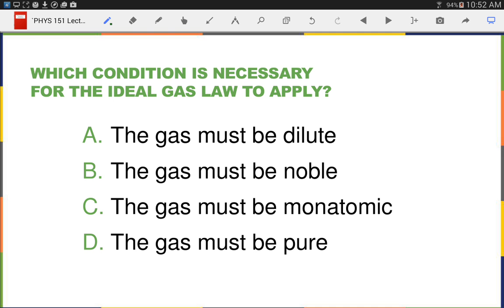Okay, first of two clicker questions. You may answer now. Which condition is necessary for the ideal gas law to apply? I feel bad because I didn't point out the word. It was in purple, but I didn't point it out on the preceding slides.